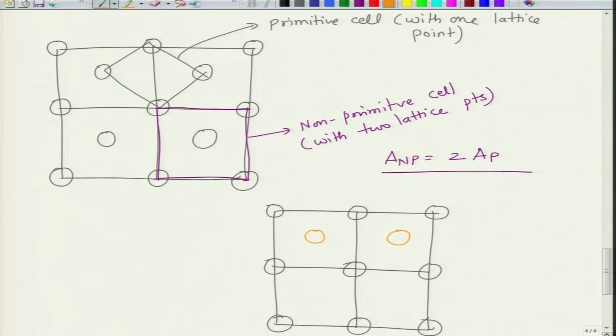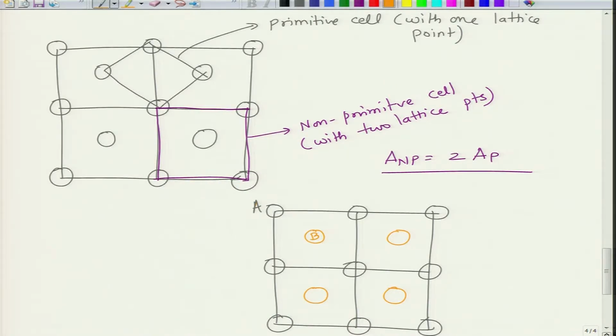Now I can see that this atom has a neighborhood made of these four. Let us say this is A and this one is B. The B atom's neighborhood is 4 A atoms, whereas the neighborhood of A atoms is 4 B atoms. So both of them have different neighborhoods. That is why they are not separate lattice points.